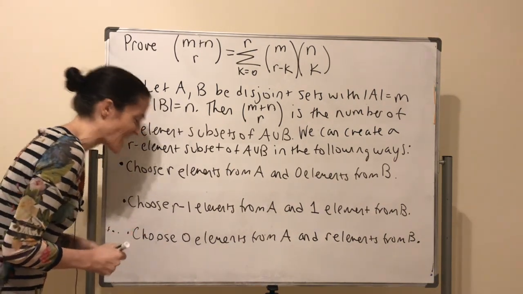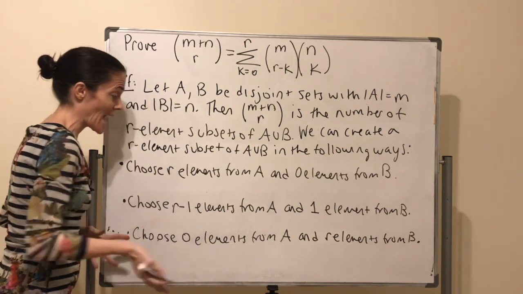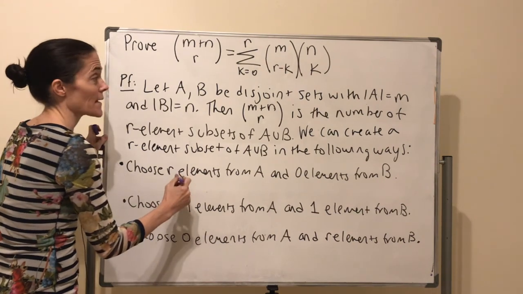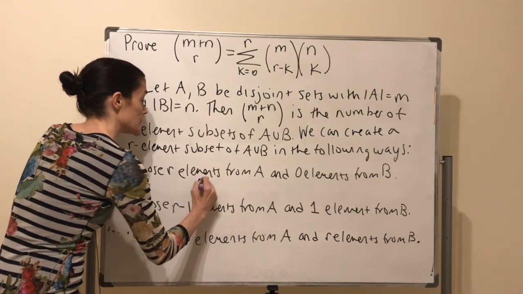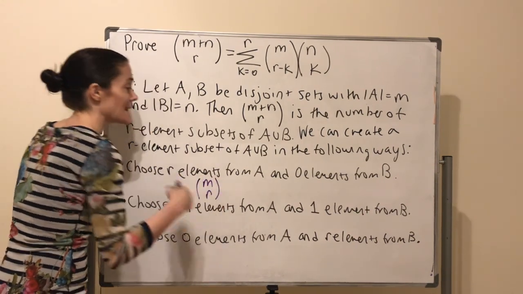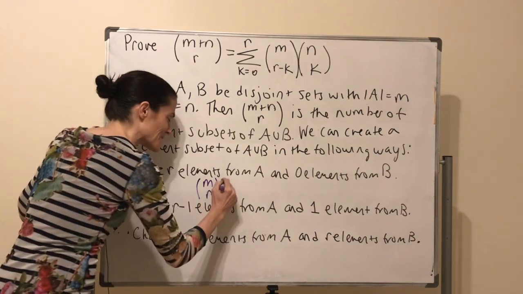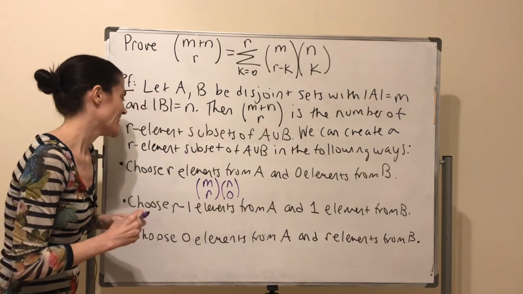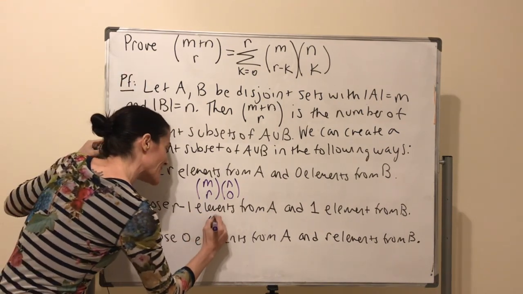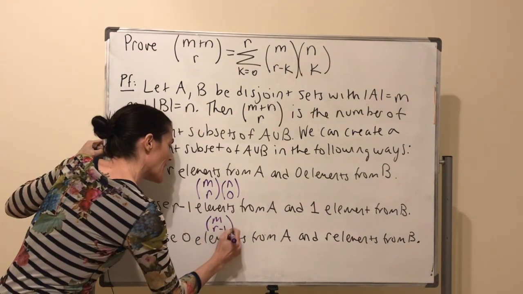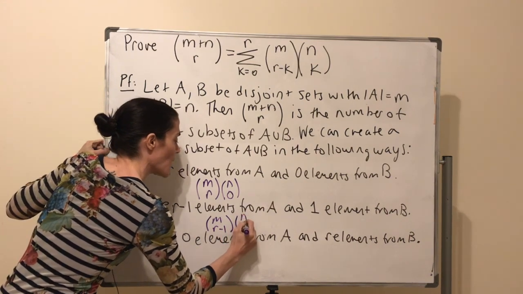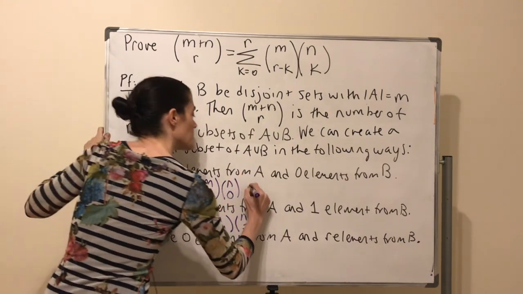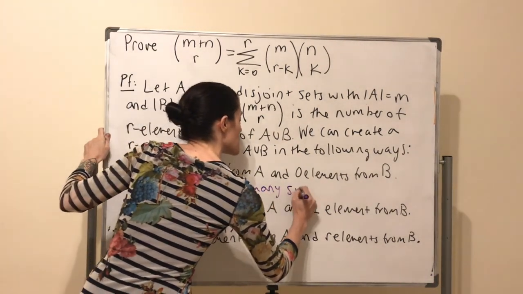Well, now let's just count, and we will add. If we choose R elements from A, which has M things, that would be M choose R, and then choose 0 elements from B. Multiplication rule. Okay, choose R minus 1 elements from A, and then choose 1 element from B. So we have this many subsets.